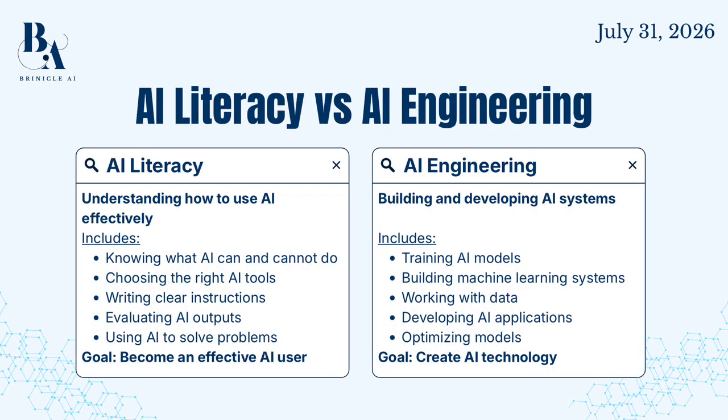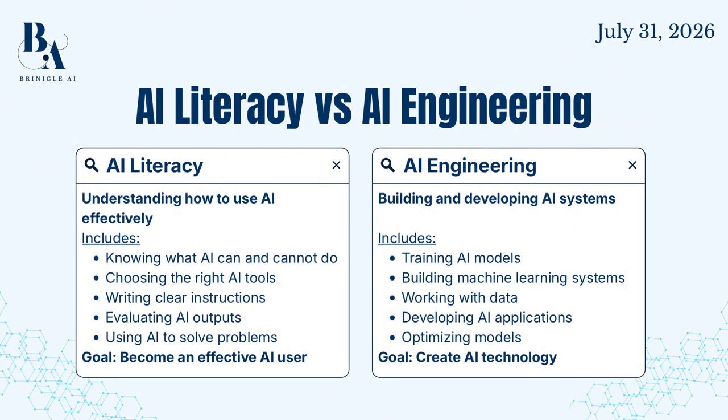AI engineering is about creating AI systems, training models, writing algorithms, managing data, and building AI applications. AI literacy is different. It means understanding how AI works, knowing its strengths and limitations, and knowing how to use it effectively.